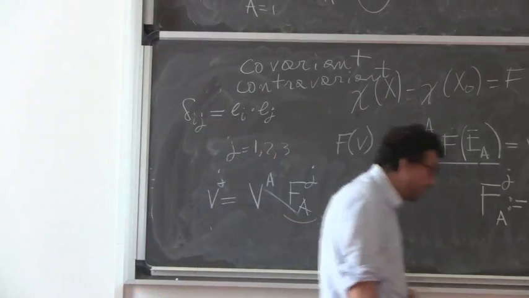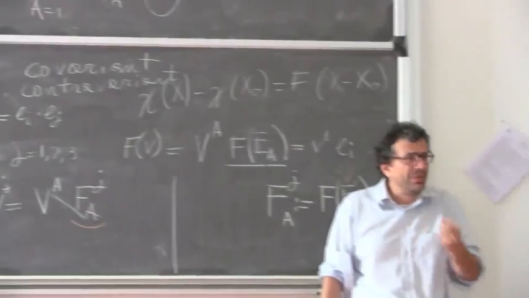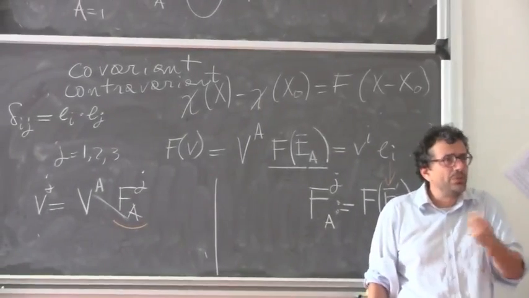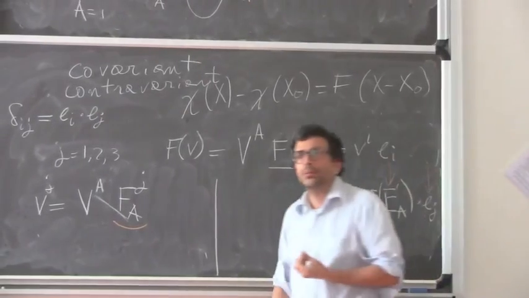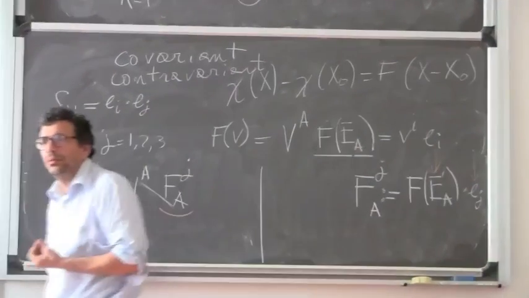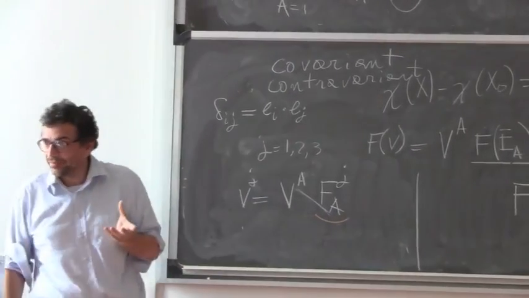Now, do you believe that the law of physics cannot be written in a different way if you change the basis? This is Galilean invariance.